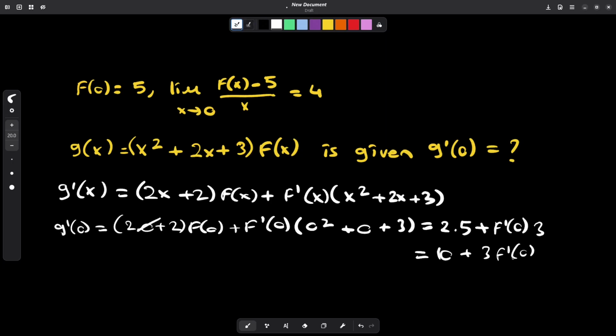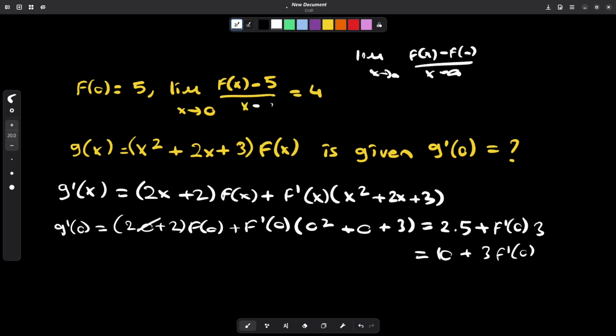The question is, what is f derivative 0? To find f derivative 0, of course, I need to use this part somehow. Let's see what we can do. Limit of f(x) minus 5 over x as x approaches 0. My definition for derivative was, as x approaches a, f(x) minus f(a) over x minus a. This should already tell you some things, right?